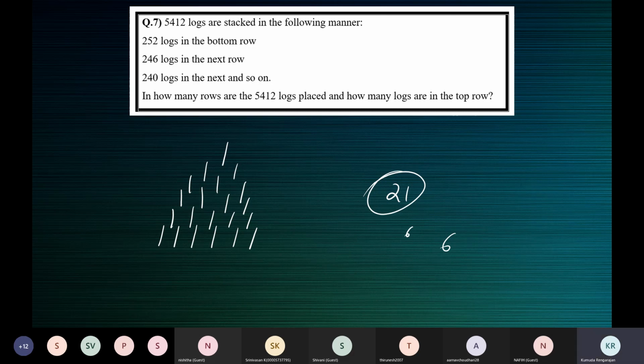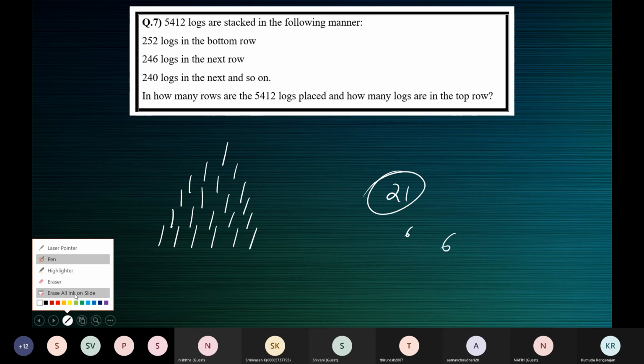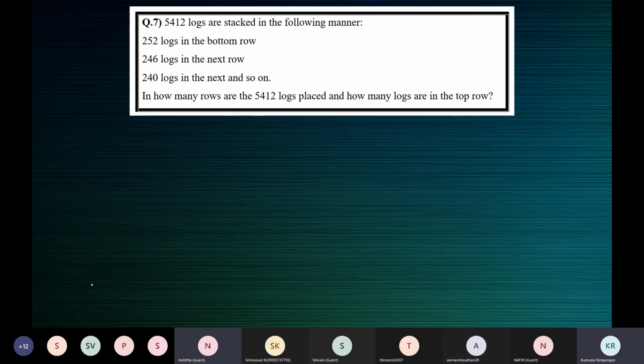Now tell me symbolically, what is 252? Bottom row. A1. What is 246? A2. 240?